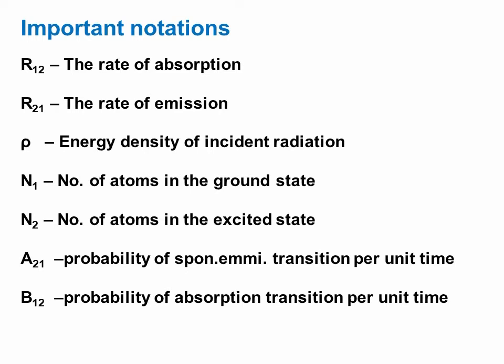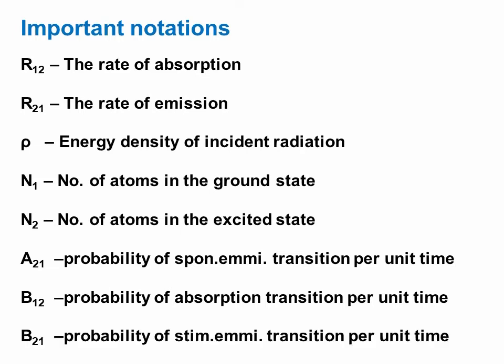B is the stimulated process. 12 is absorption. So, stimulated absorption, generally we say it is absorption. So, B12 is the probability of absorption transition per unit time. Then what is B21?